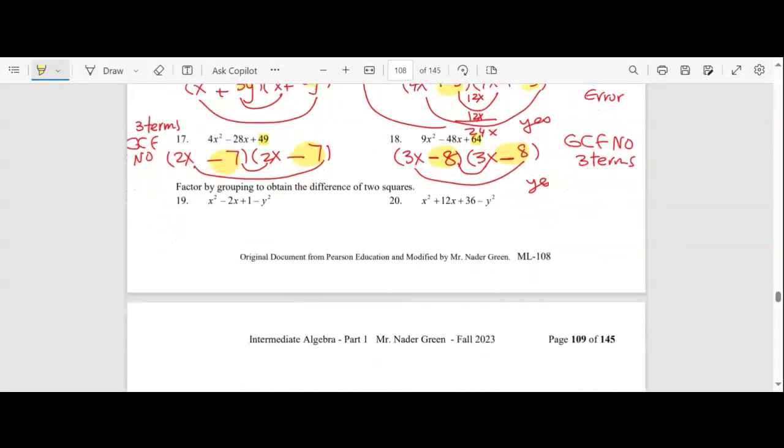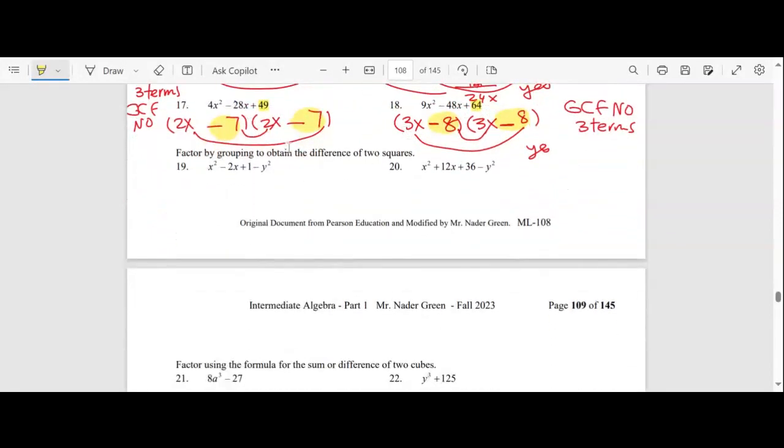Let's go for factoring by grouping. So I have x squared minus 2x plus 1 minus y squared. How many terms here? We'll do grouping, right? Do we have GCF?